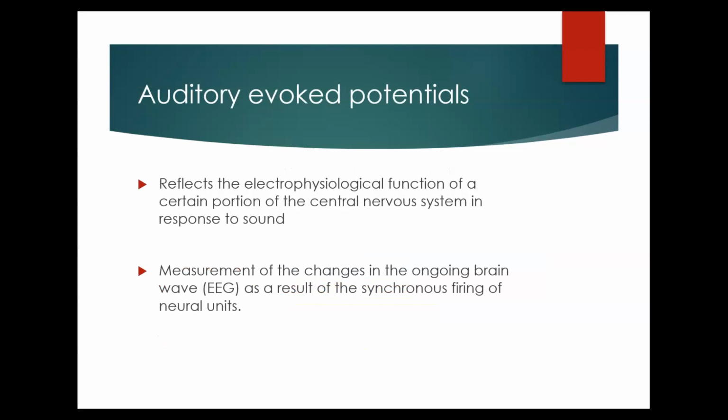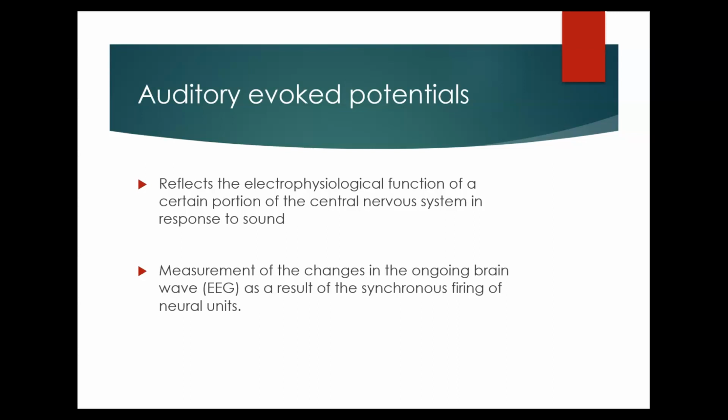So auditory evoked potentials reflect the electrophysiologic function of a certain portion of the central auditory nervous system in response to sound. So it's electro, meaning that the responses are collected by electrodes, and physiologic, meaning it's the physiologic function of the system, so it's not something that anybody can control.